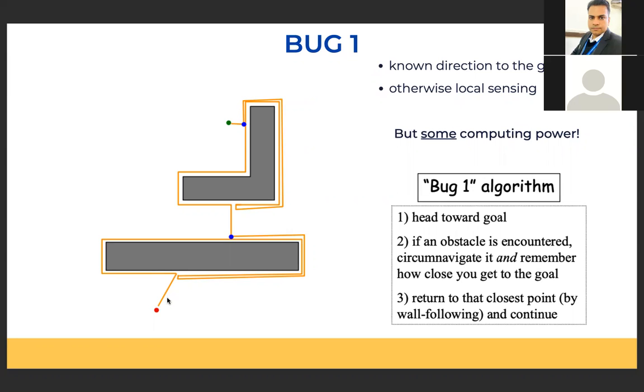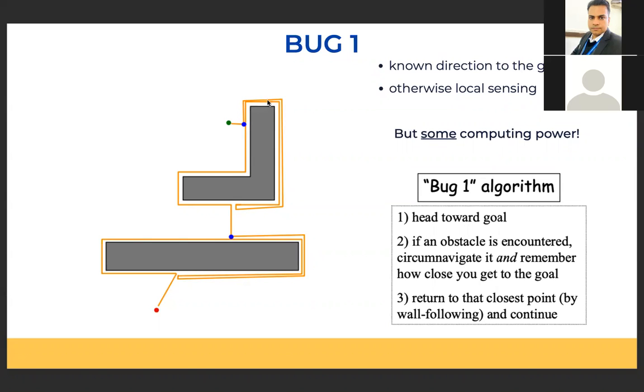After you have stored all these locations, you want to figure out which of the locations that I have stored is closer to the goal point. So here, this location can make me reach the goal position fastest, or you can say it's the nearest distance, the shortest distance from this location to the goal location. So you cover the entire obstacle, you reach here, then you go back to that place, then you move ahead.